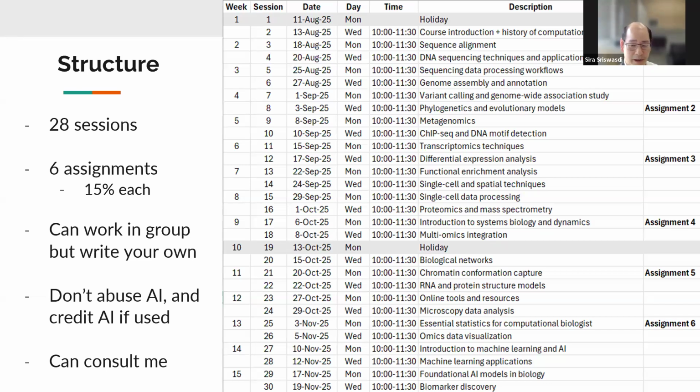Don't copy and paste from your friend, because I'm going to be able to see it anyway. And even though AI can do a lot of things for your benefit, please don't abuse AI too much. You can ask AI some questions, and please credit it if you ask AI to do anything for you, but don't abuse it. Don't just ask it to do the entire assignment.